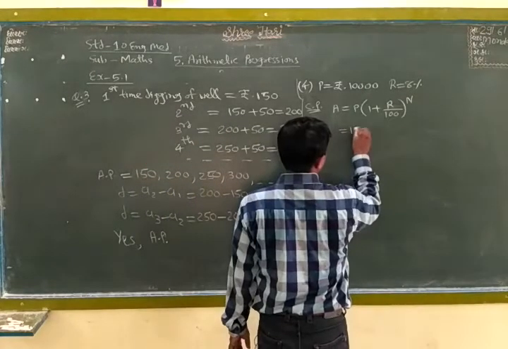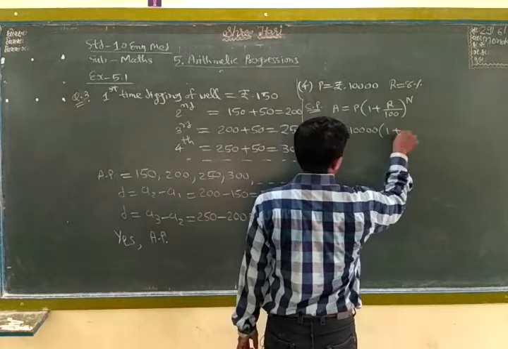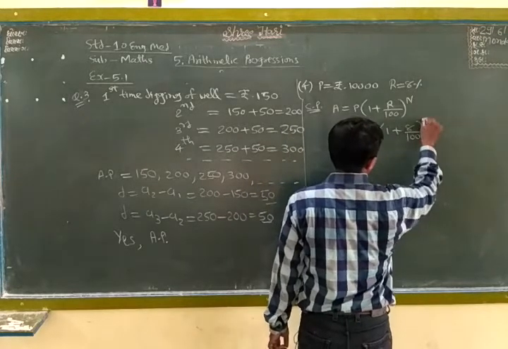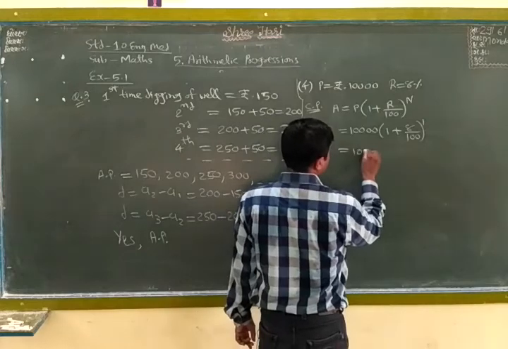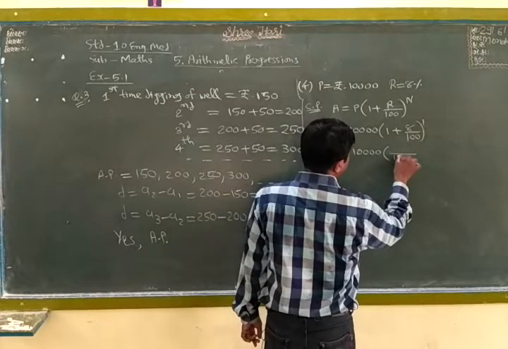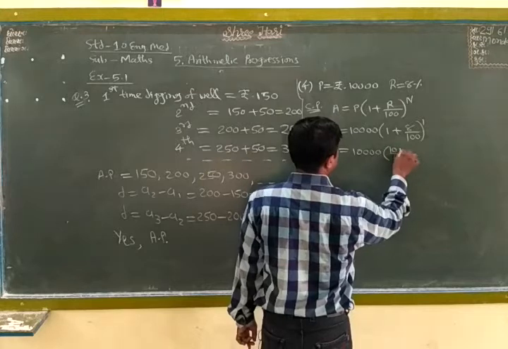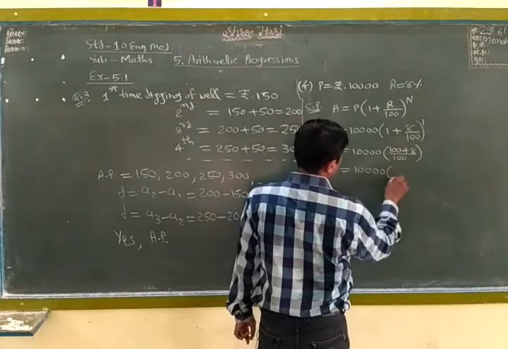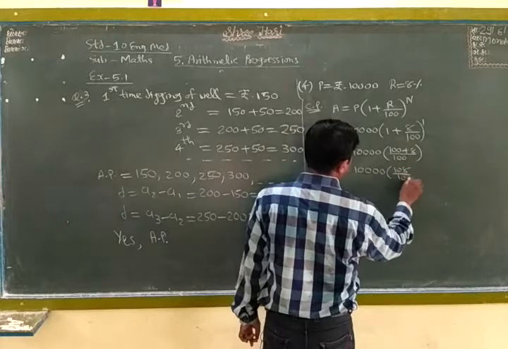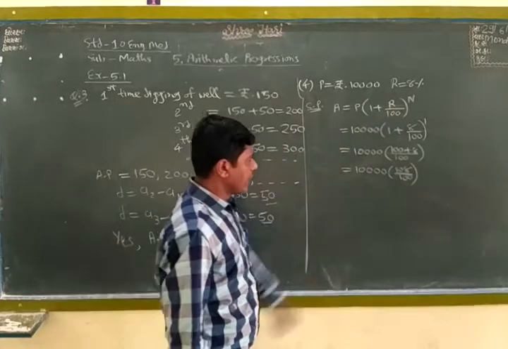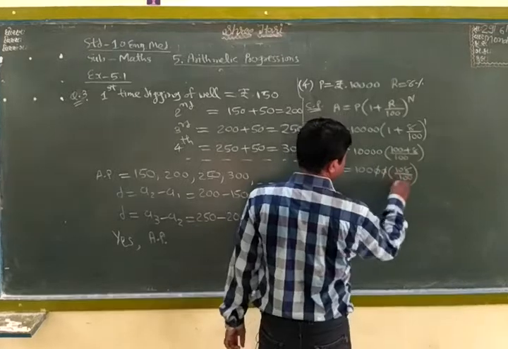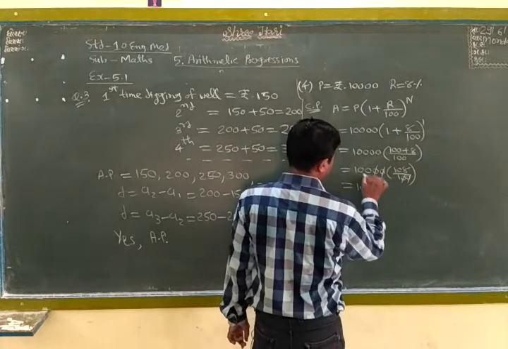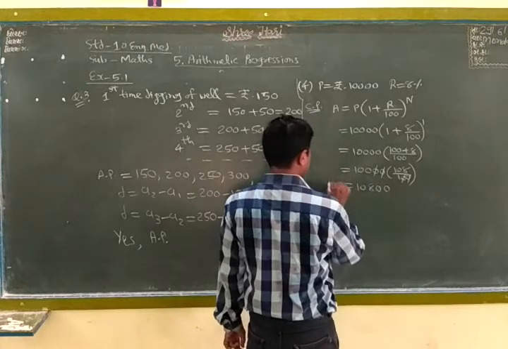P means 10,000, 1 plus R, that is 8 by 100, raised to 1. 10,000, LCM taken, cross multiply, 100 plus 8, 10,000, 108 by 100. Okay, now cut this. So what happened? 10,000, 108. This is the first amount.